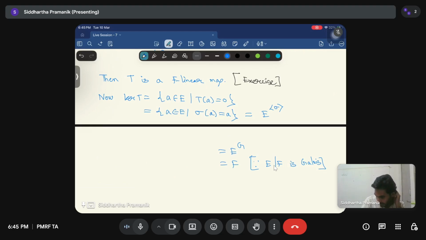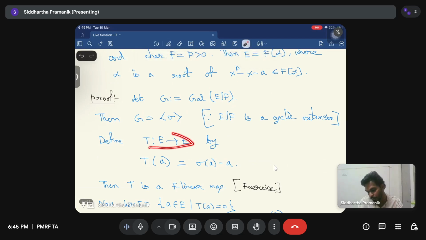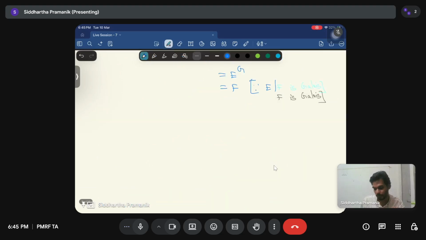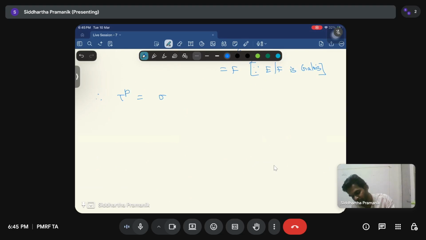Now T is a linear map from E to itself. So we can compose T with itself, right? Then again it will be a linear map. So what is T power P? T power P is basically (sigma minus identity) whole power P, but we are in characteristic P. So this is just sigma power P minus identity power P, which is the same as sigma power P minus identity.